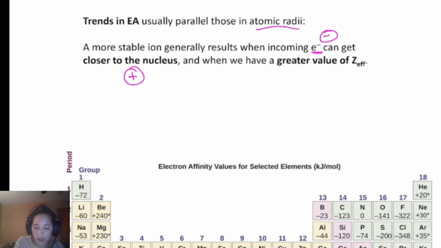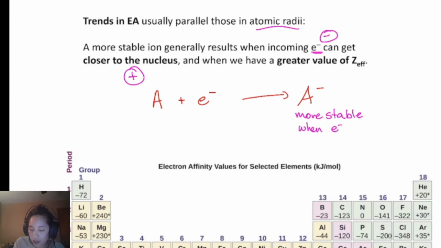Let's see if I can write something. So if we have something like A and we're adding an electron and making A minus, this A minus will be more stable when the electron and nucleus are close together.